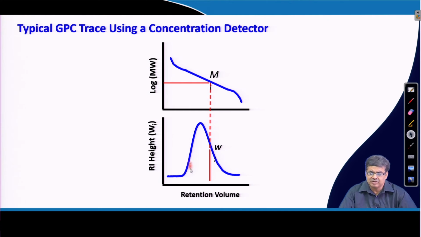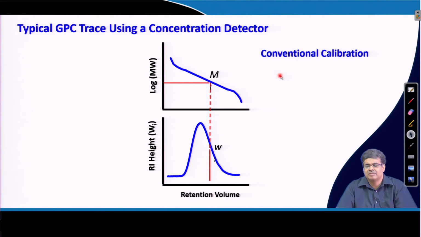We already know how to convert this y axis signal to weight fraction. Hence, we can convert this raw signal to a weight fraction versus molecular weight trace, and from which we can get the molecular weight distribution numbers Mn, Mw and so on.